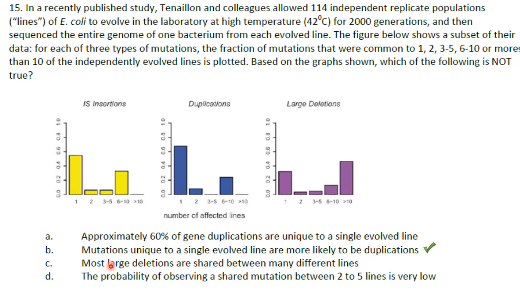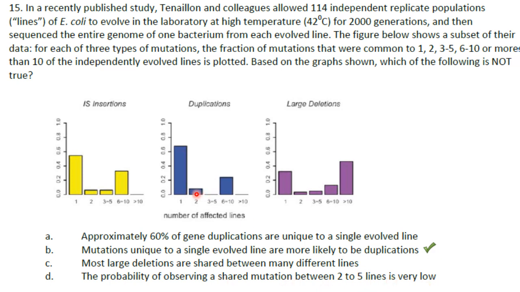B is not correct. Most large deletions are shared between many different lines. This is for the large deletion. They are shared between many different lines. This one, greater than 10. That is correct. Then the probability of observing a shared mutation between 2 to 5 lines is very low.